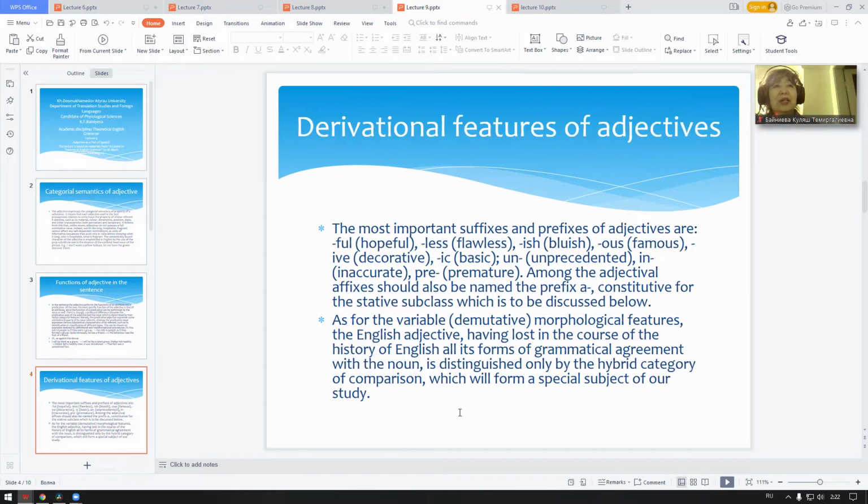Among the adjectival affixes should also be named the prefix a-, constitutive for the stative subclass, which is to be discussed below. As for the variable demutative morphological features, the English adjective, having lost in the course of the history of English all its forms of grammatical agreement with the noun, is distinguished only by the hybrid category of comparison, which will form a special subject of our study.